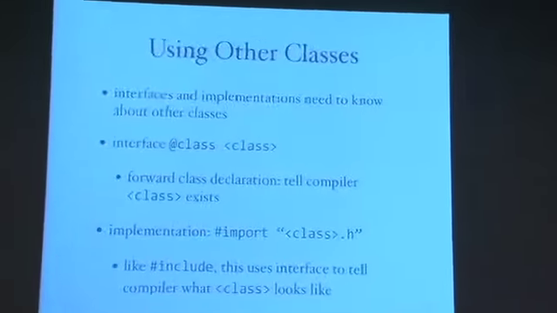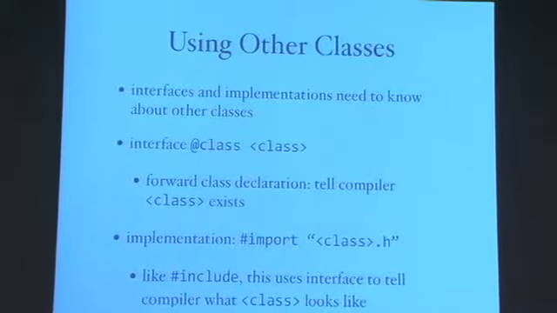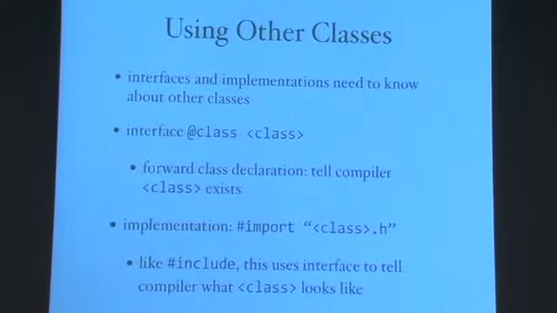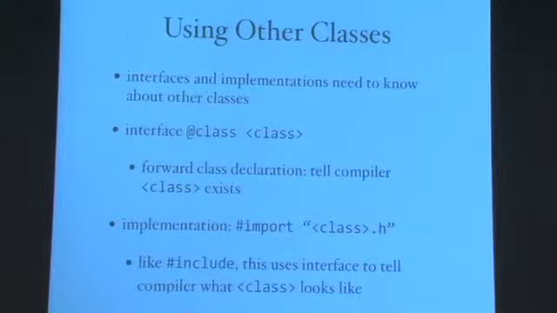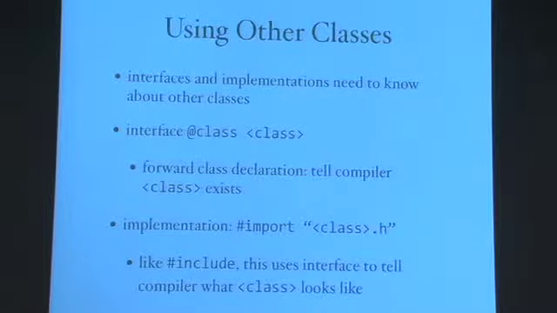Using other classes, interfaces and implementations need to know about other classes. You can use @class to define a forward declaration of a class that will then be used in your definition. For example, if you've got a class that takes arguments of another class, I can show you an example.